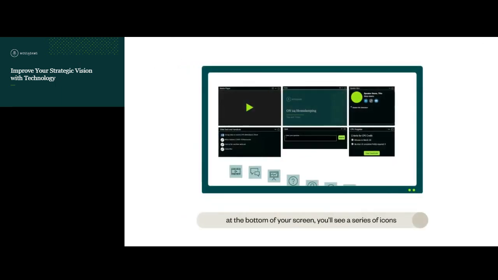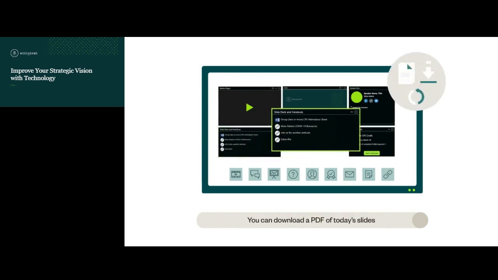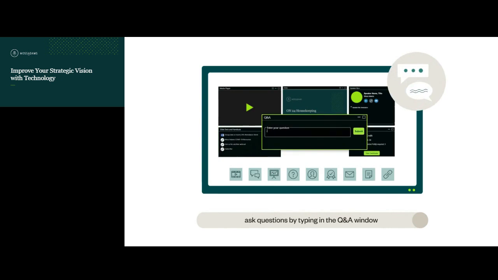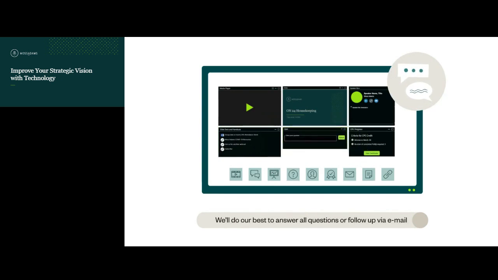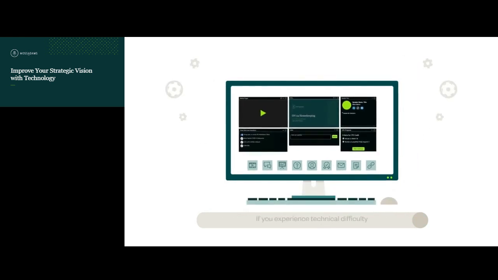At the bottom of your screen, you'll see a series of icons that relate to a different aspect of our session. You can download a PDF of today's slides from the Slide Deck and Handouts widget. You can ask questions by typing in the Q&A window and clicking Submit. We'll do our best to answer all questions or follow up via email. If you experience technical difficulty, refresh your browser by hitting the F5 key.